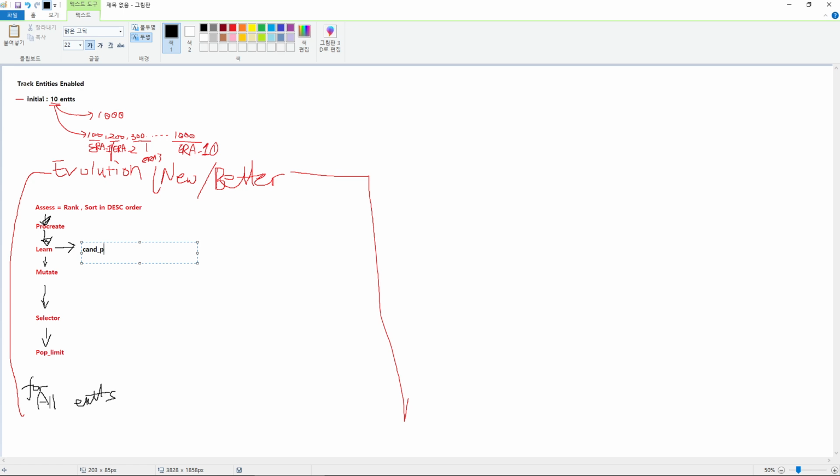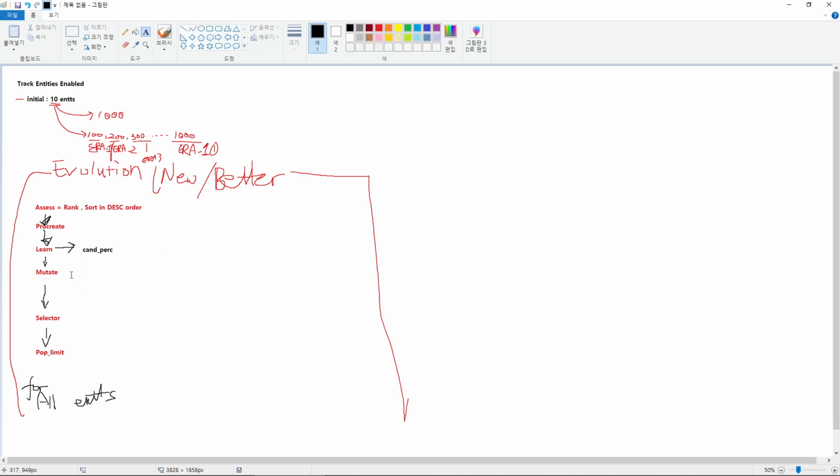That's where I set the candidate percentage, so that only some of the entities within the world, within that generation, would learn, given their own individual learn rates.